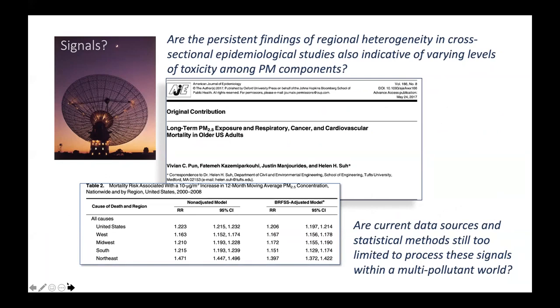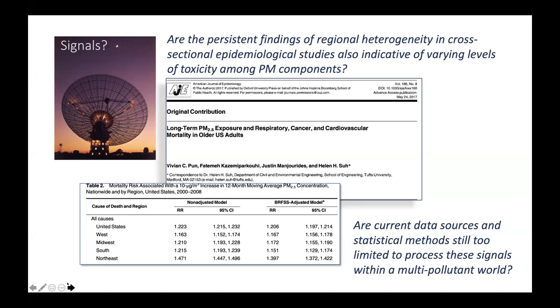You see here that there's regional heterogeneity across all these cross-sectional epidemiological studies. That might also be indicative of varying levels of toxicity among PM components. And here's one that Helen will talk about later, where you see significant regional heterogeneity in effect estimates based upon the area of the country.